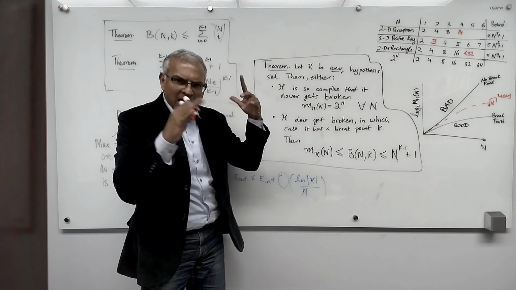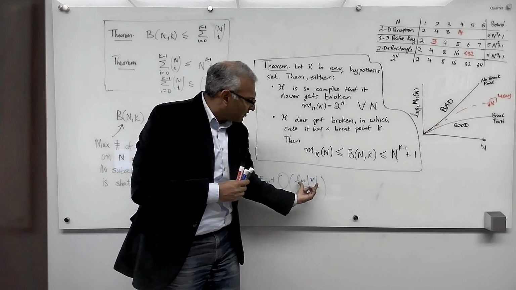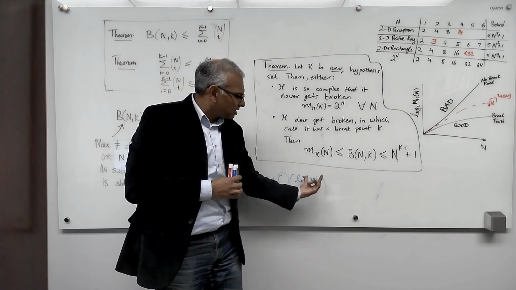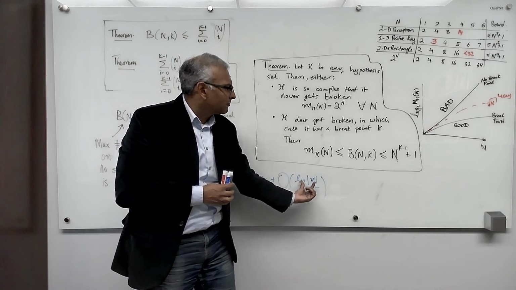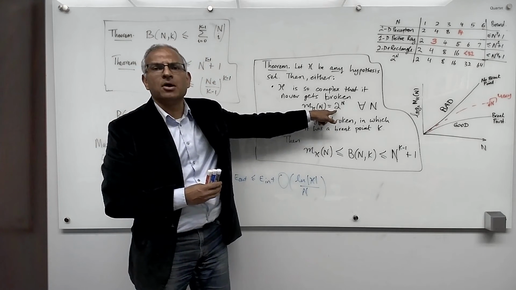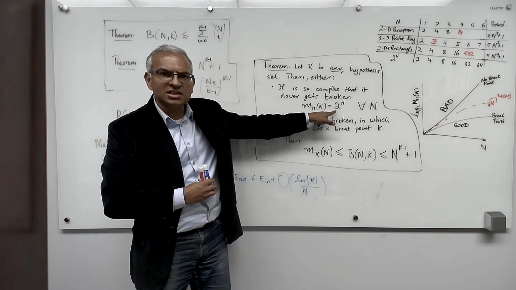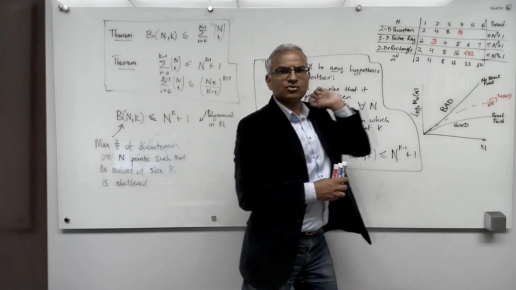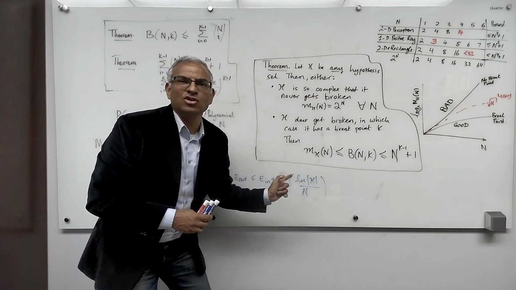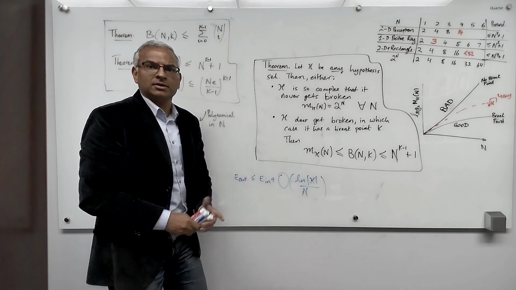We argued last time that replacing it with the effective complexity is useless if this effective complexity is always 2 to the n, the trivial upper bound. And what we have seen now is that if ever it gets below the trivial upper bound, it's going to be polynomial. That is a miracle.